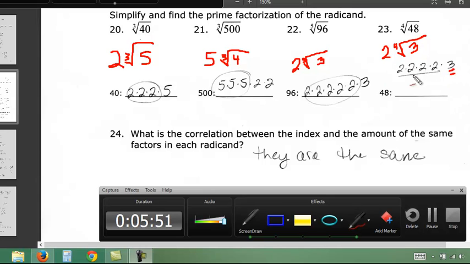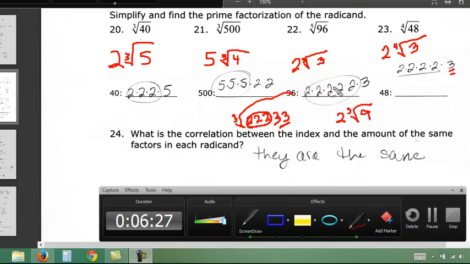So you should see that there is a correlation between the index and the number of the same number that's on the outside. So if there were 3 2's and 2 3's, and it was, let's say, the cube root, then these 3 2's would come out on the outside, and then these 2 3's would stay on the inside.